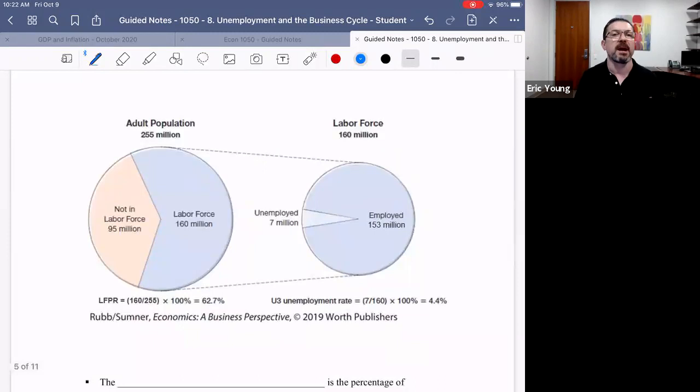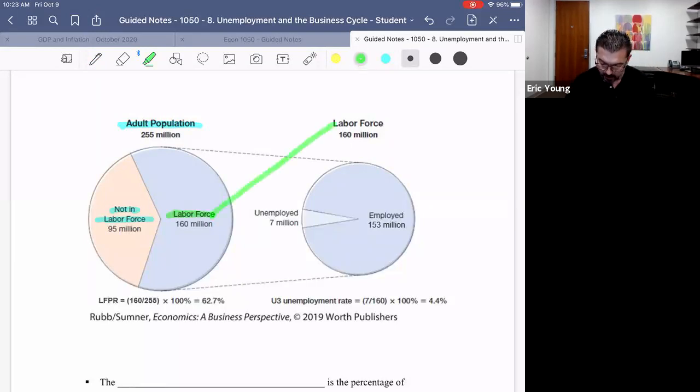Little chart here might make it a little bit cleaner. A lot of definitions, and I get that it's really confusing, a lot of jargon, so just try to keep it straight. And maybe a visual organizer like this might help you. So you see right here that we have the adult population. And that adult population, that's technically the ACNI, that would include those not in the labor force, as well as those in the labor force.